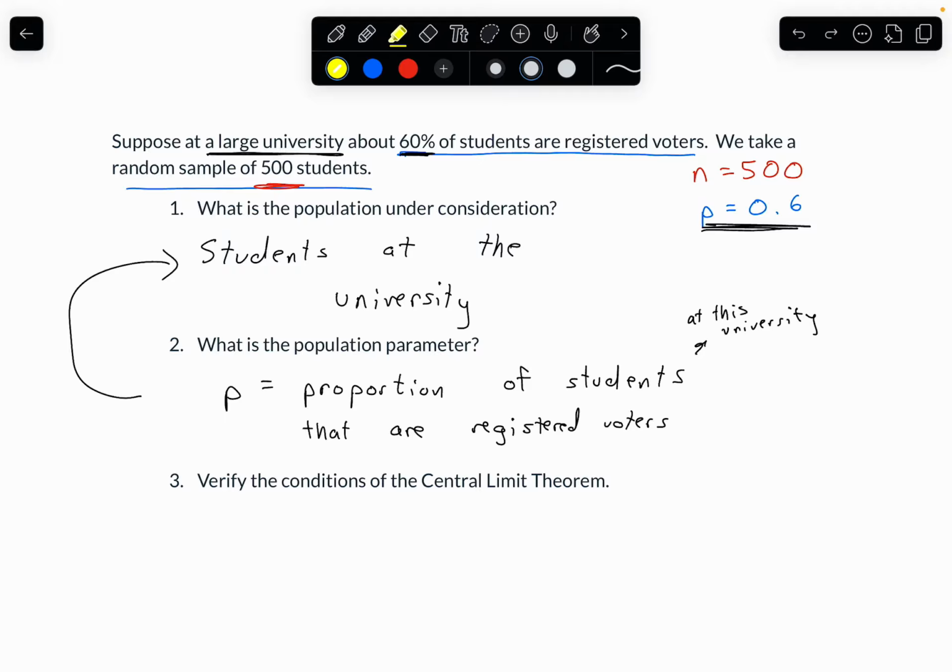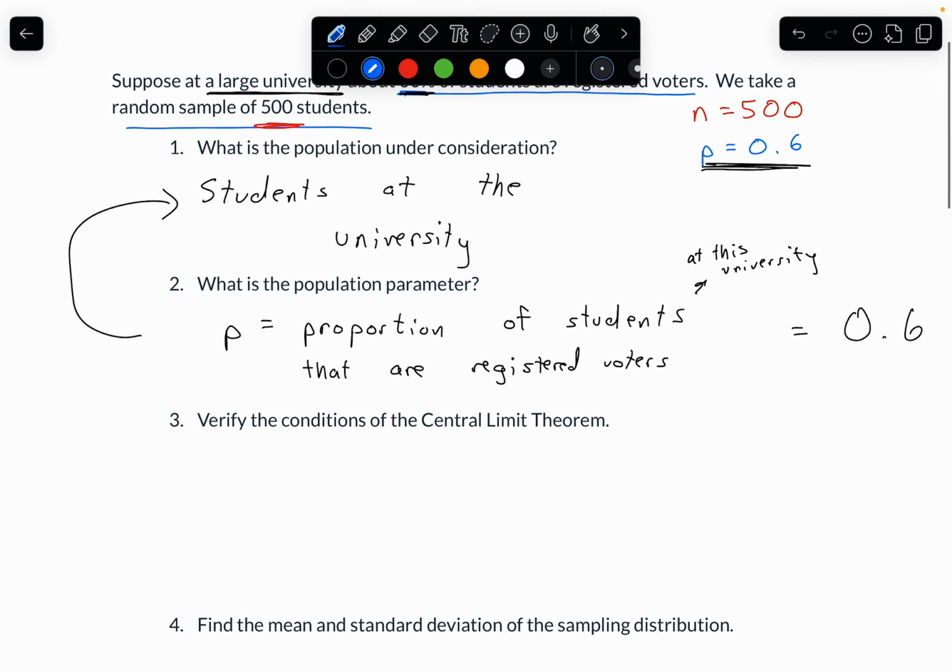So we do want to be specific here. The value of this is actually given to us. We said that was 0.6. Now, usually knowing the value of the population parameter is pretty difficult to do. We can usually only estimate it, but perhaps we've got some data that we might not otherwise have access to. So we have our population, we have our population parameter.